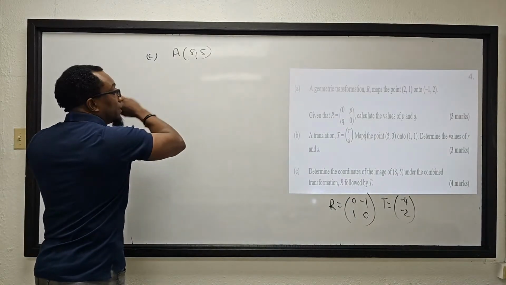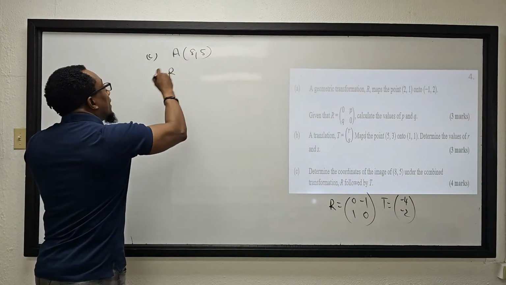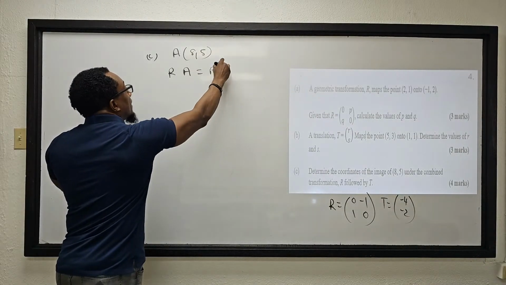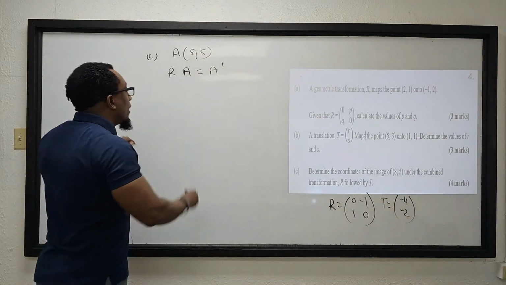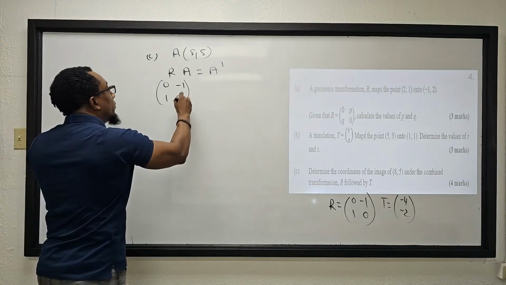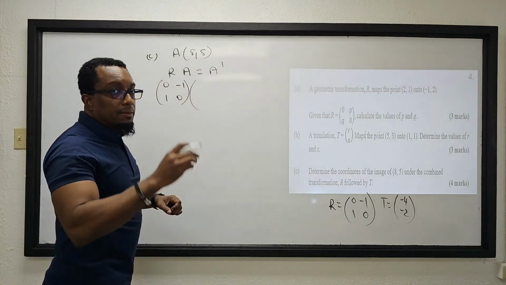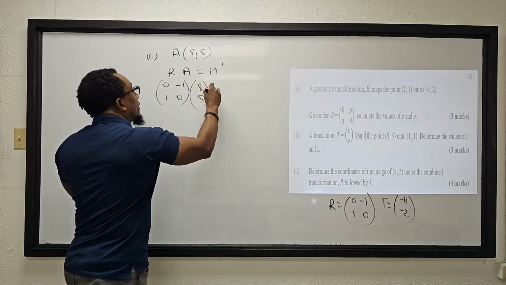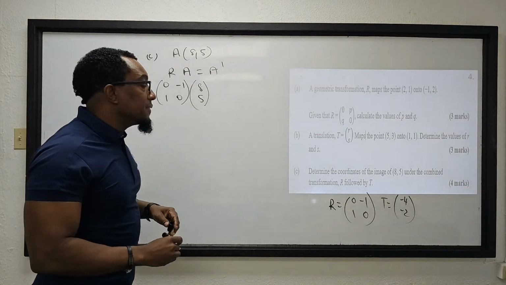So the formula will be to multiply R by A, which will give us A prime. R is 0, -1, 1, 0, times A, 8, 5, which I'm going to convert into column form. And let's multiply those two to give us A prime.